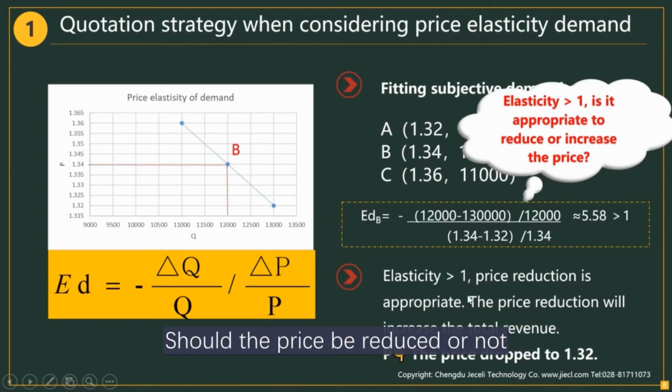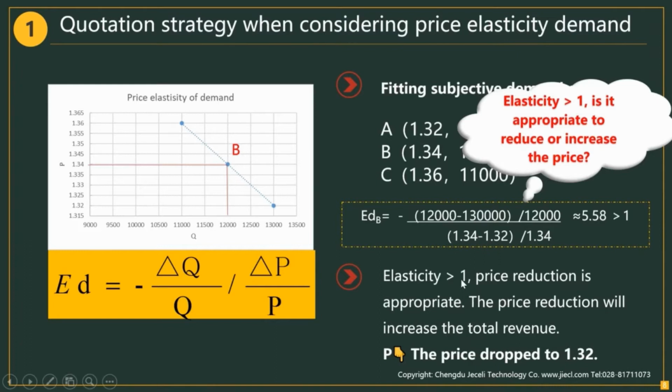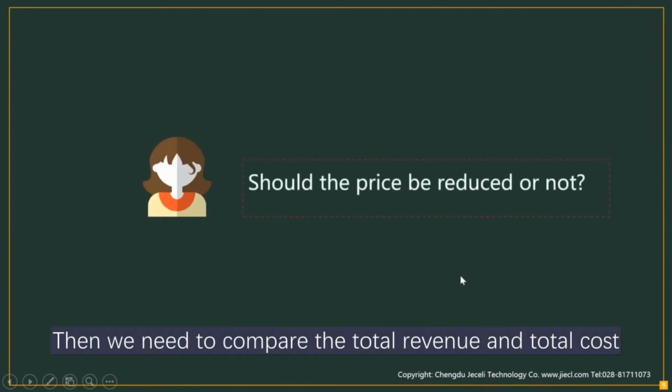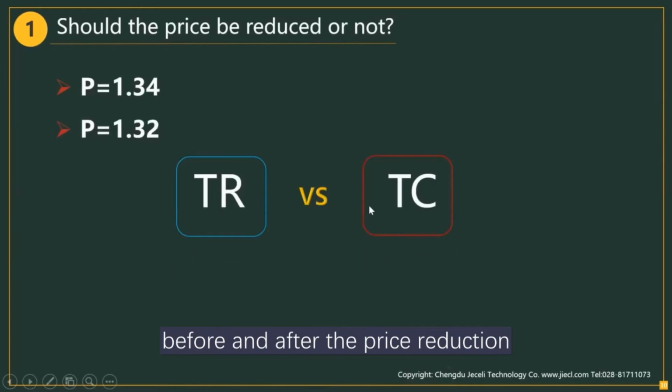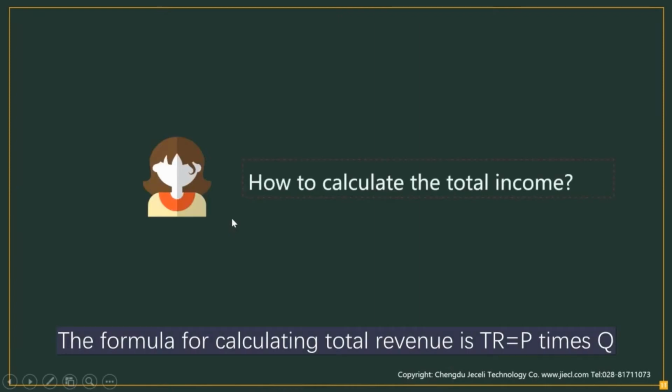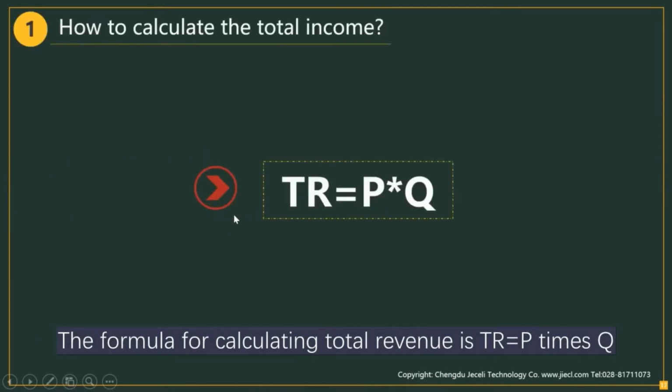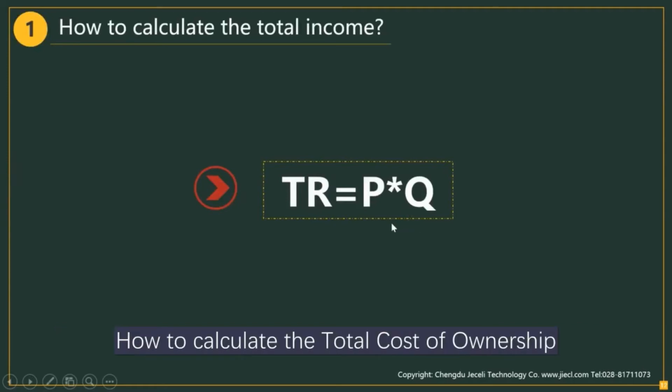Should the price be reduced or not? Then we need to compare the total revenue and total cost before and after the price reduction. How is total revenue calculated? The formula for calculating total revenue is TIA is equal to P times Q. How to calculate the total cost?